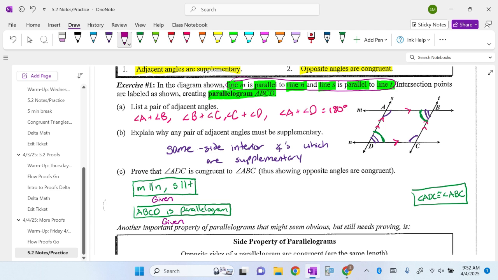So we then need to make some connections. All right. So we're showing that opposite angles are congruent. So typically, if we're talking about parallel lines, why do you think we're going to end up with opposite angles that are congruent?